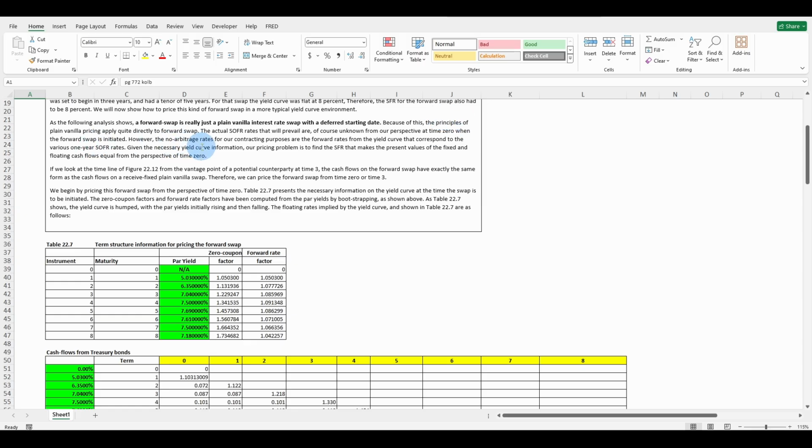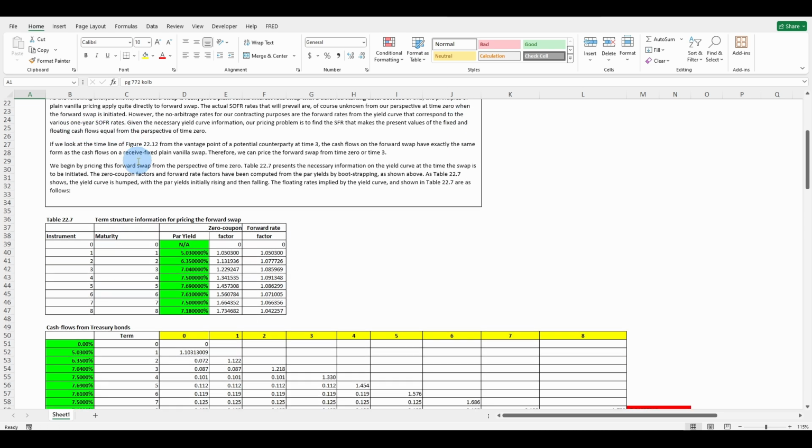However, the no arbitrage rates for our contracting purposes are the forward rates for the yield curve that correspond to the various 1-year SOFR rates. Given the necessary yield curve information, our pricing problem is to find the SFR, the swap fixed rate, that makes the present value of the fixed and floating cash flows equal from the perspective of time 0.